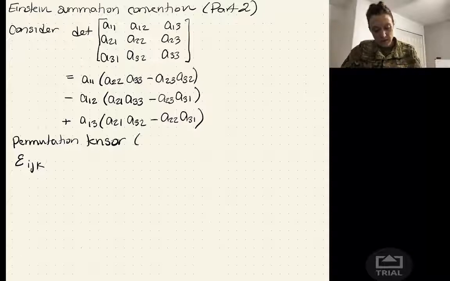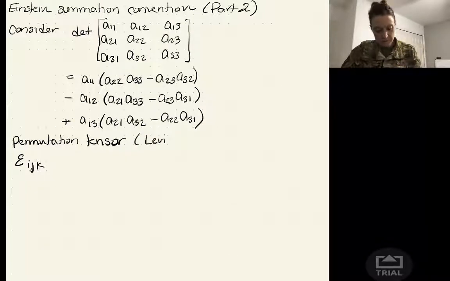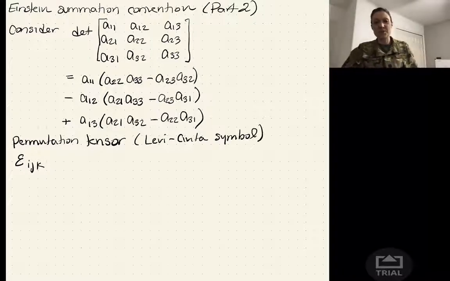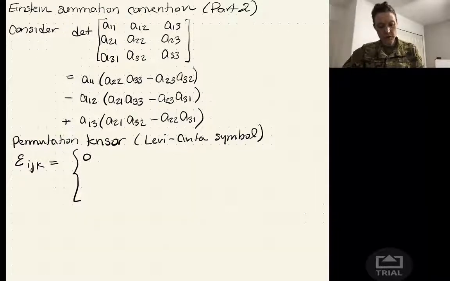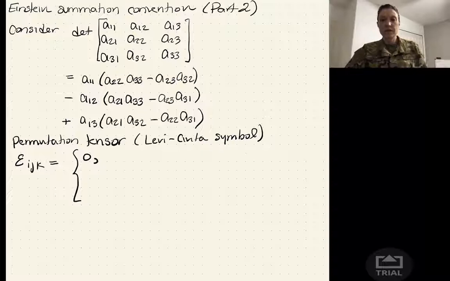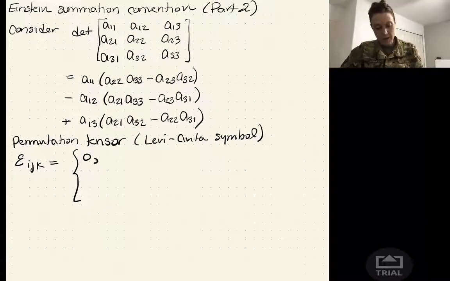This is also called the Levi-Civita symbol, just in case a book has it in a different way, at least you'll be able to look it up. So epsilon takes on 3 different values depending on i, j, k. Epsilon is 0 if any 2 of these indices are the same.